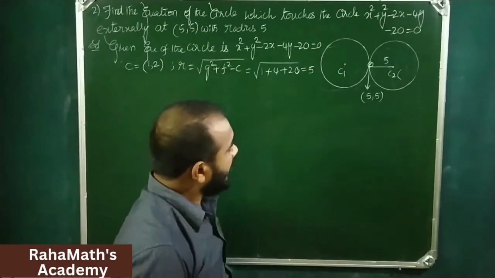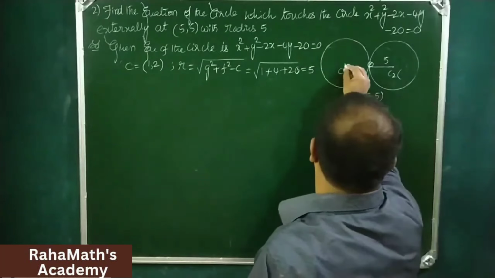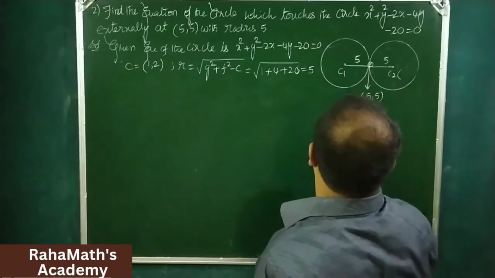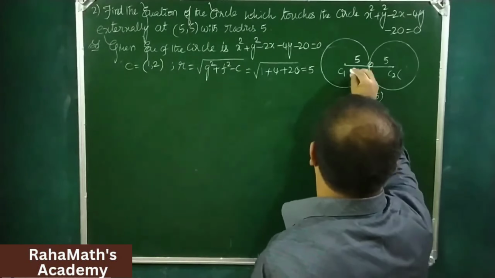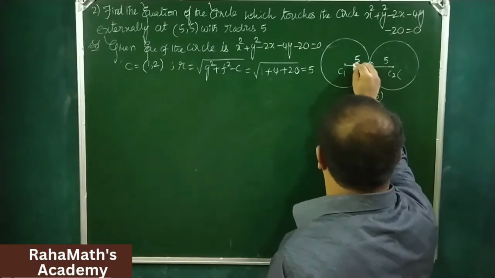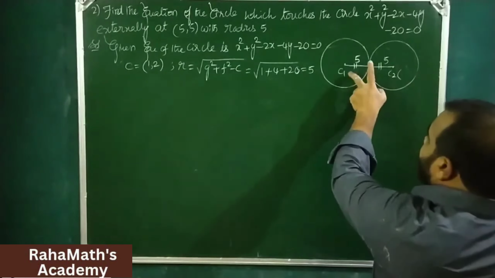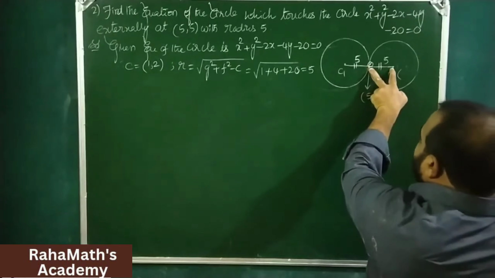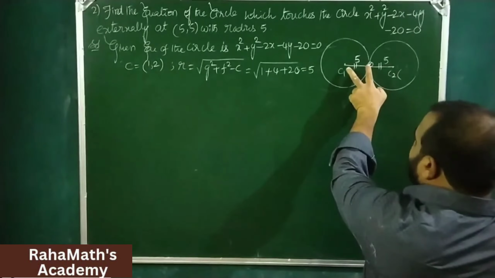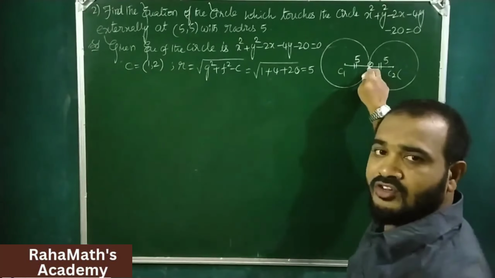Amazingly, the radius of this circle is also 5. That means this point of contact is equidistant from the centers of the two circles. That means this is the midpoint, obviously.